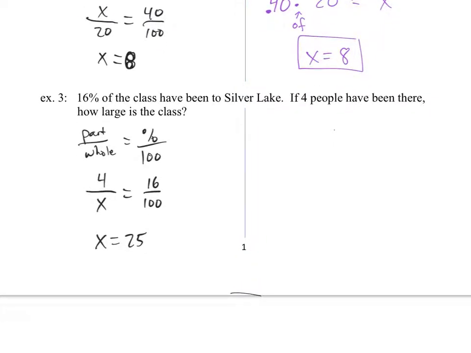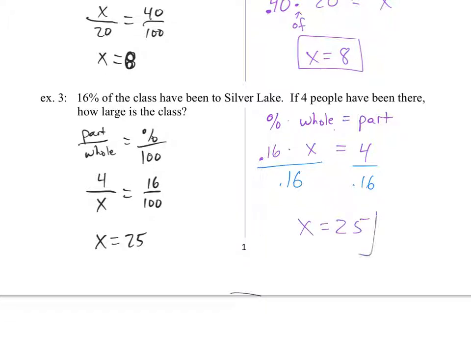Then this last one, if we do percent times the whole equals the part. 16%, so I write that as 0.16 times the whole X. And the part that had been there, the 16%, is the 4. So to get to the answer in one step, we find X by dividing by 0.16. And we get X equals 25.